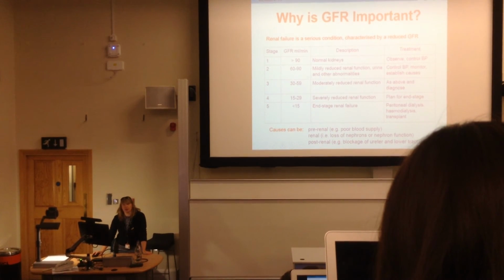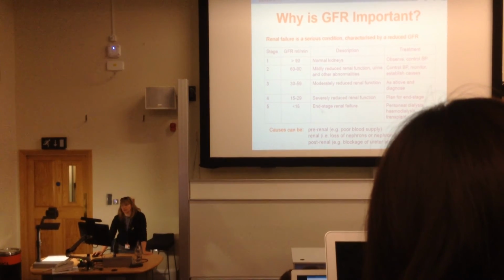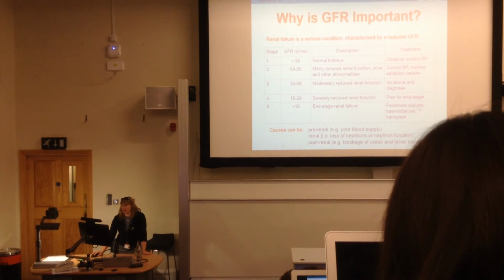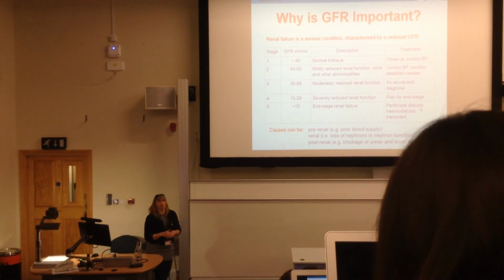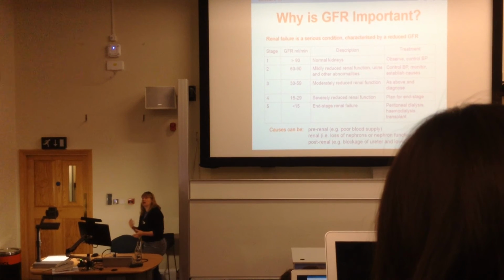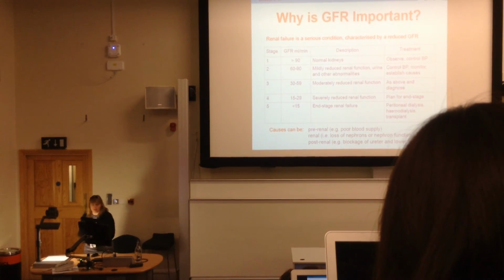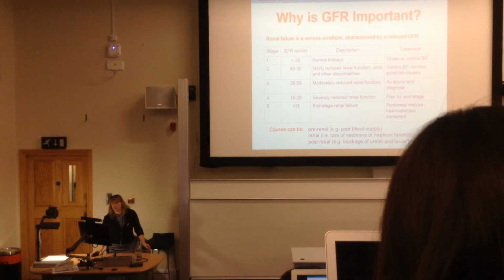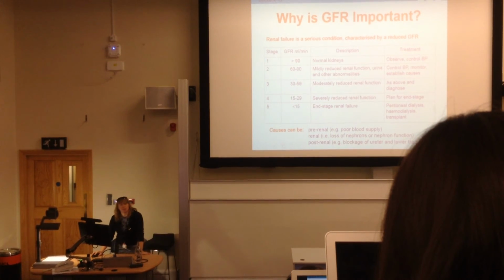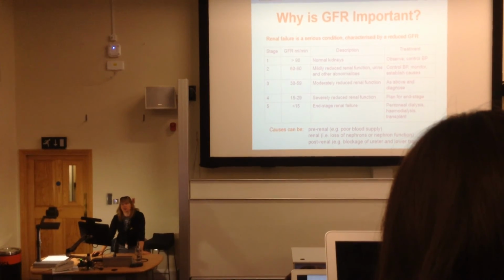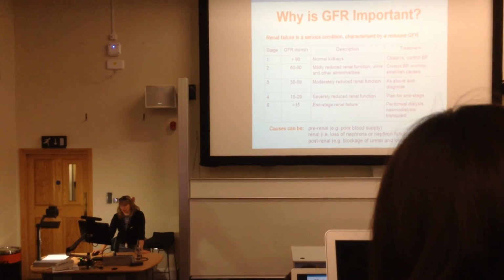Again, it can be used to see ongoing renal disease, to the point that if the kidney function is so low, then you have to go for end-stage renal failure, and therefore people will need peritoneal dialysis to allow them to function as well as possible, with the view that kidney transplantation may be required to reintroduce absolute kidney function.